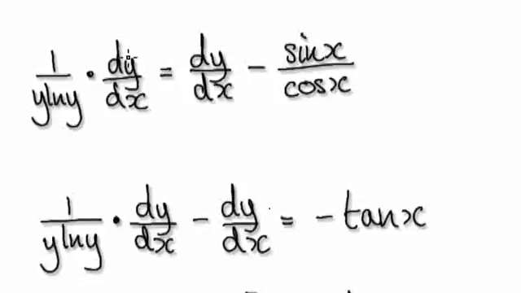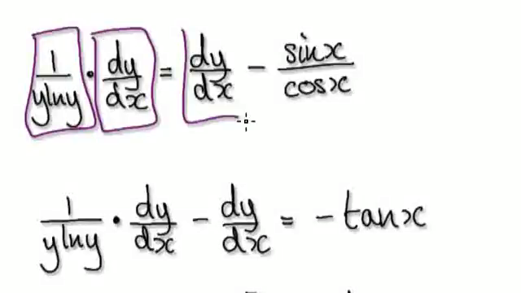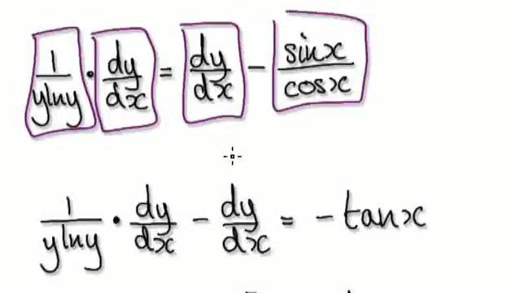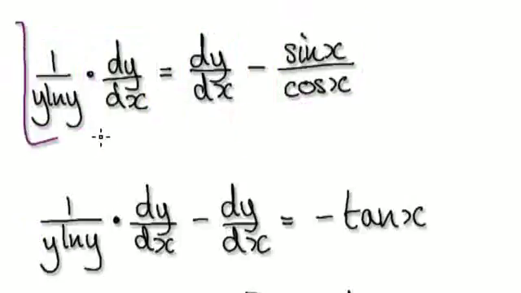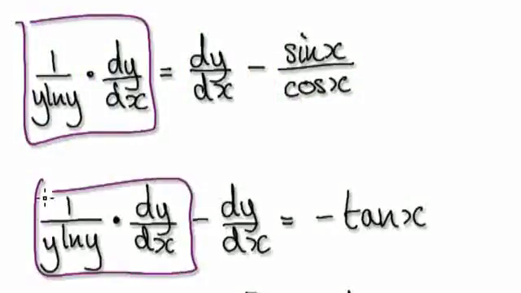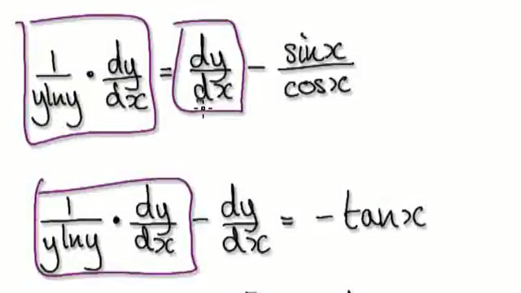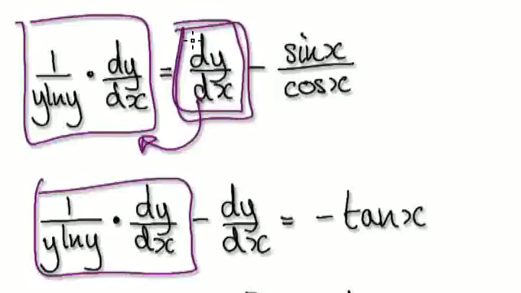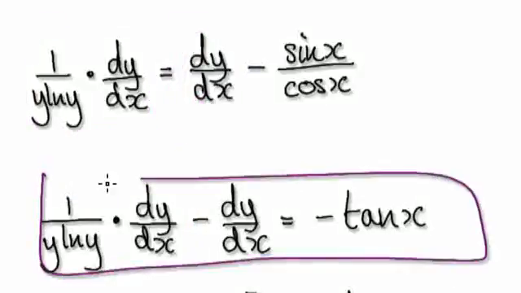Oh yeah, so now you've got one block times another block. That equals this block, take away this block here. We want to get dy by dx on its own. So take away dy by dx from both sides. So from here, that will then take you to here. So basically, this block here remains the same, but we are pretty much moving this block over to the other side. So take away this block from both sides. Okay, that will then give you this.